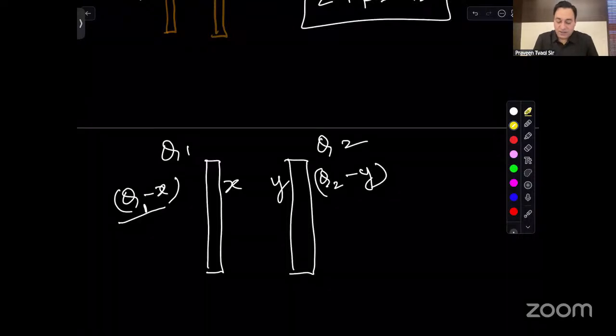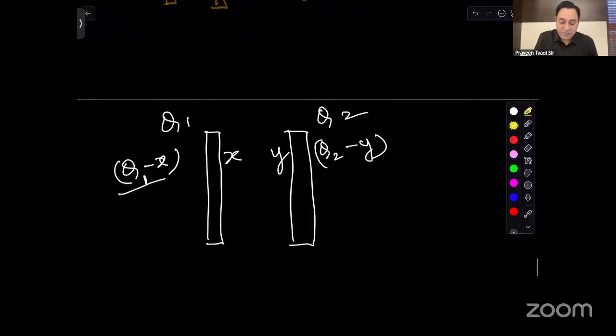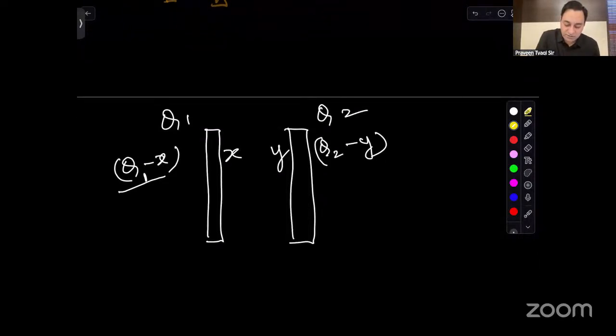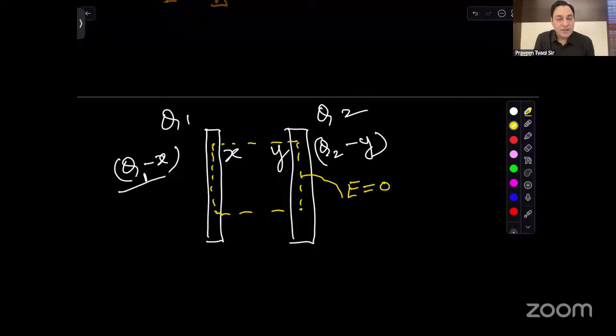Now coming to, can I apply Gauss theorem here? In this region, can I apply Gauss theorem? Here electric field inside the metal is zero, so the flux E dot ds will be zero.